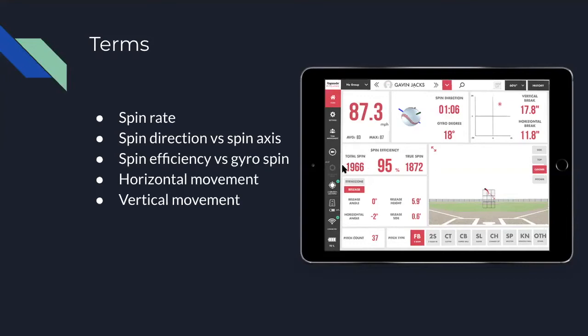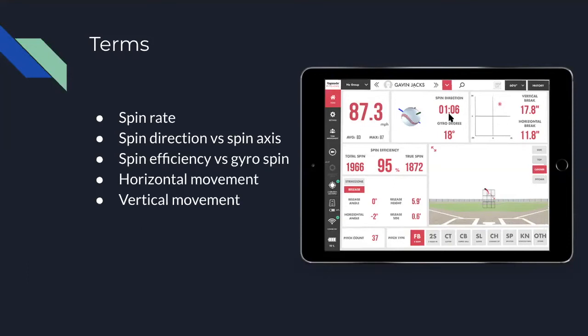Okay. The next thing we'll go over is the spin direction. So Rapsodo uses a clock interface, so you can think about it like there are hours and hands on the clock. When Rapsodo picks up the ball flight out of your hand, it's going to give a spin direction that matches what the machine's picking up.